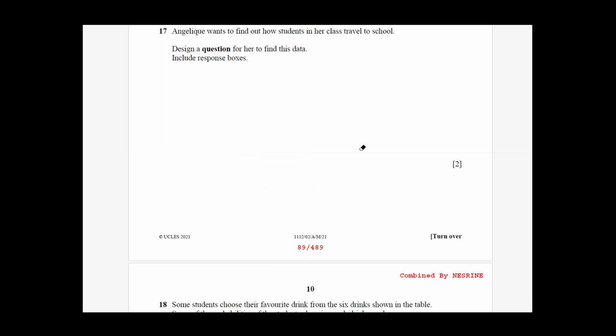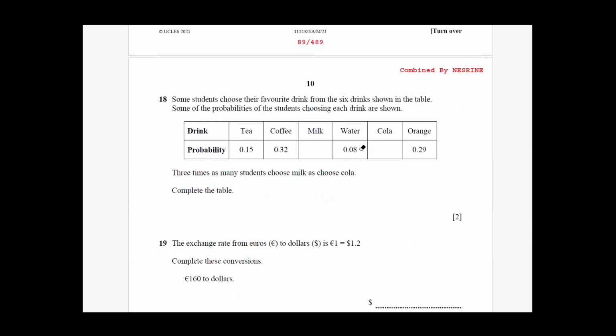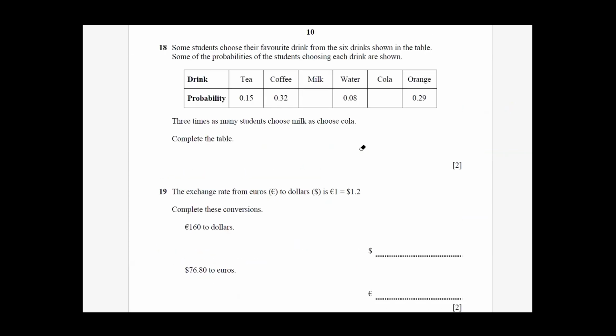Then it's the next question. Some students choose their favorite drink from the six drinks shown in the table. Some of the probabilities of the students choosing each drink are shown. Three times as many students choose milk as choose cola.